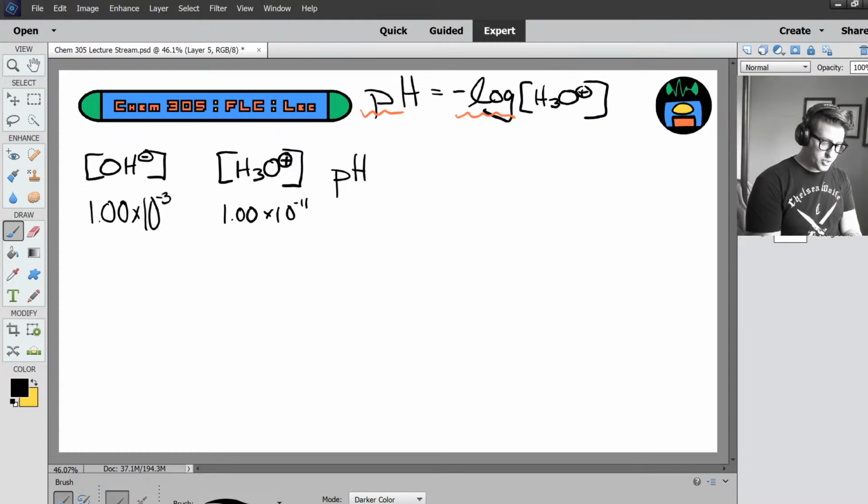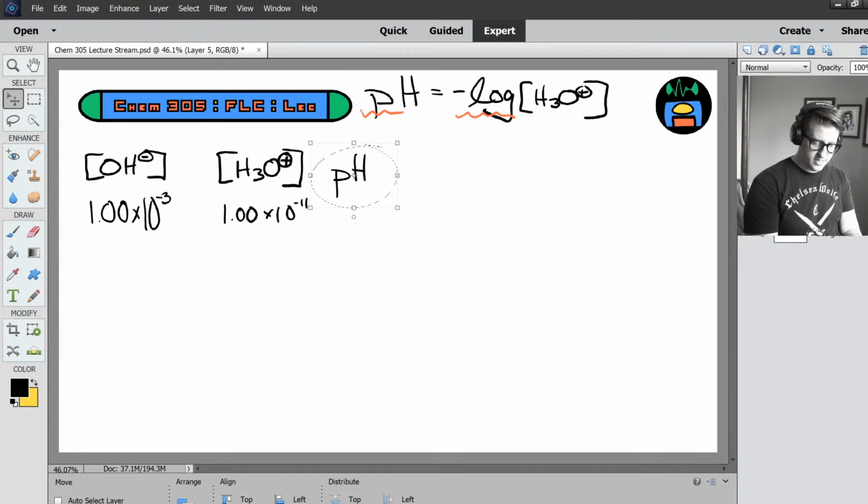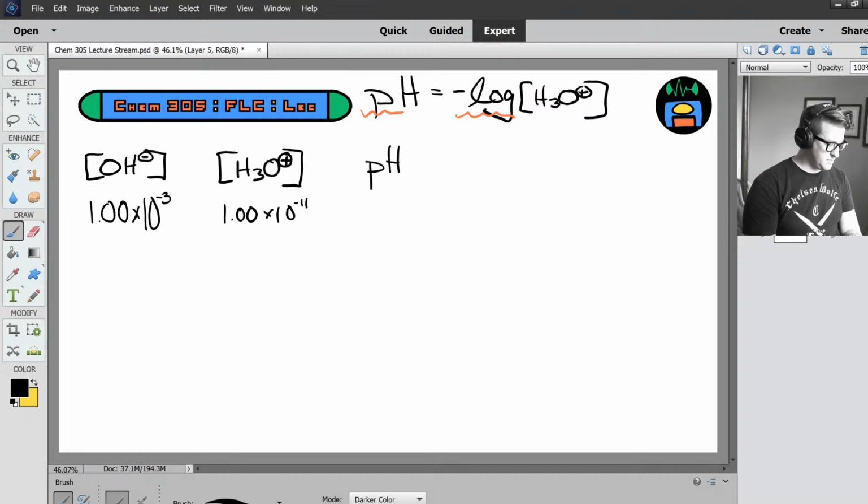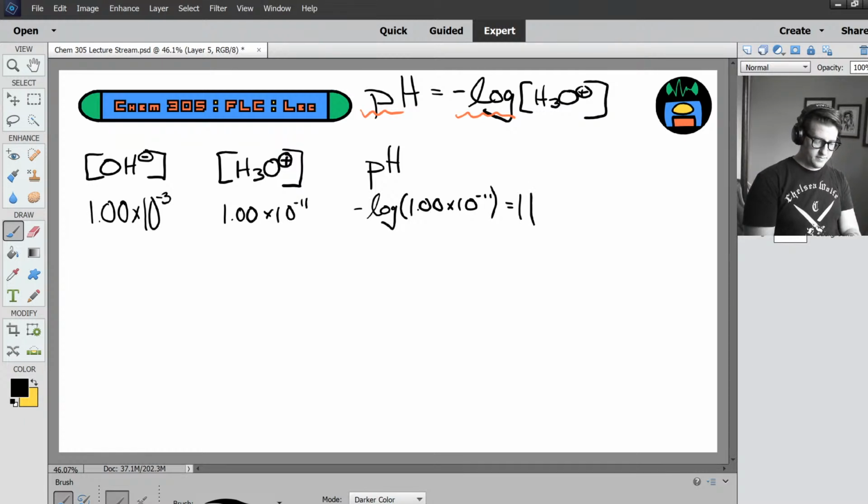And your pH, so I'm just going to move our pH over just a little bit. To calculate our pH, you take the concentration of hydronium, and you just take the log of your concentration of hydronium times negative 1. So for these two concentrations, our pH here is 11.